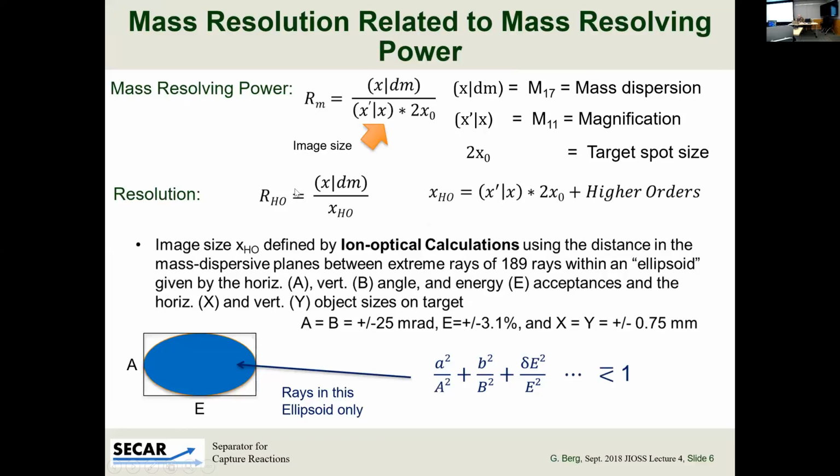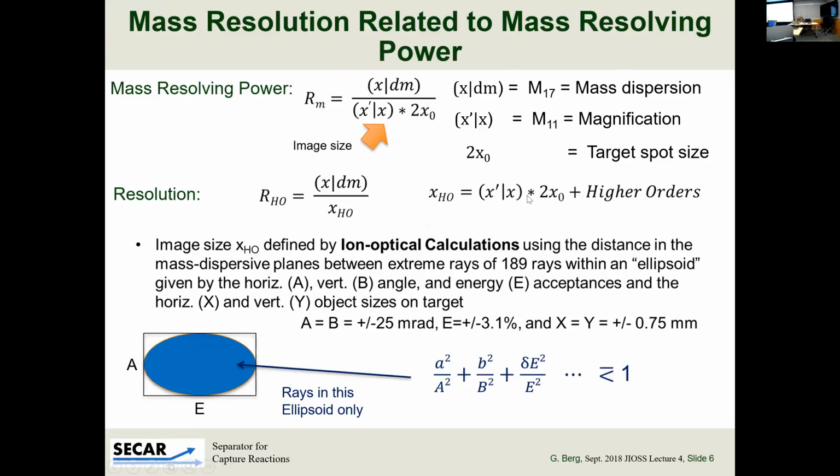The resolution, as opposed to the possibly best resolving power, is the dispersion divided by the magnification times the target thickness, which is the size of the image. X0 is at the target, magnification is what the system does, so this is the size at the image.